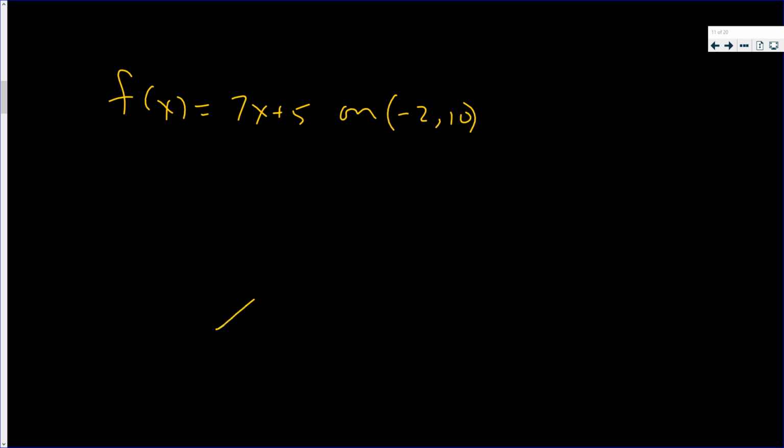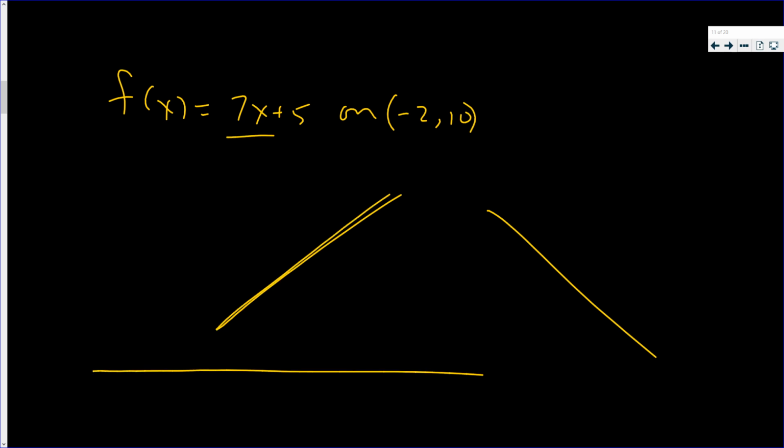The line either goes like this or it goes like that. Since it's positive, it goes like the first one. The problem is the lowest point is at -2 and the highest point is at 10, but none of those are included.